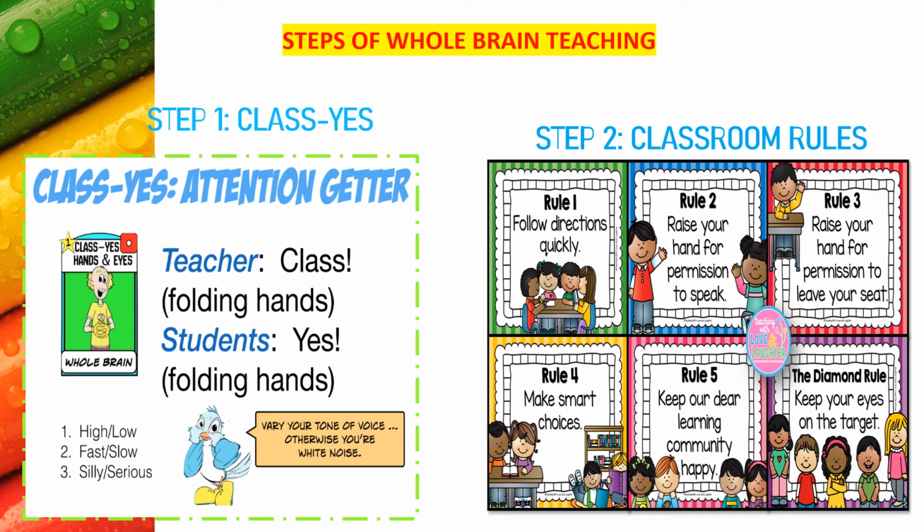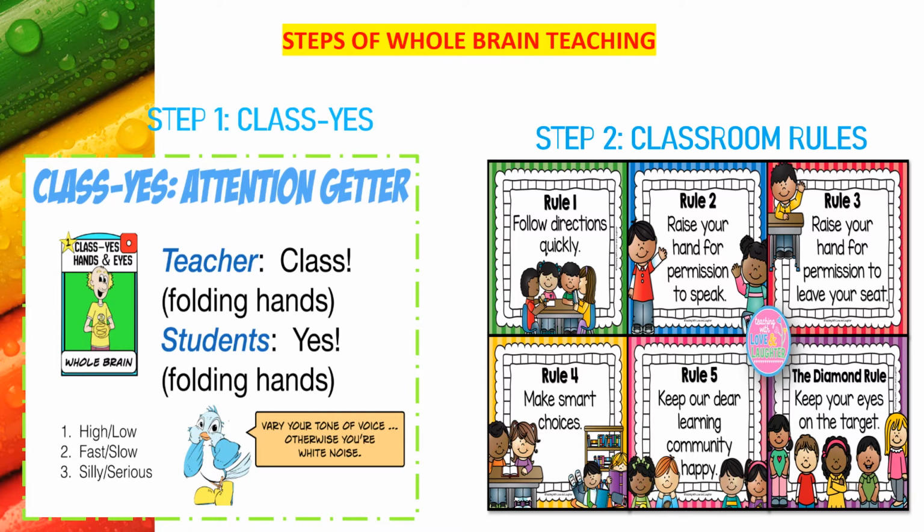Also, the students are allowed to make smart choices. They can indicate that they are choosing or thinking by tapping on their forehead with one finger, to show that they are thinking or making their choices. Also, they need to keep their entire environment happy.